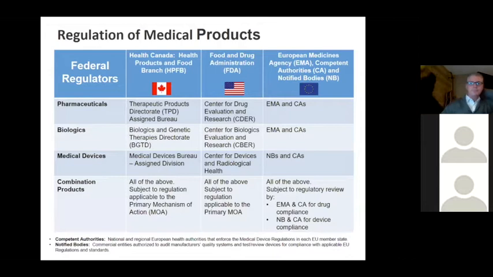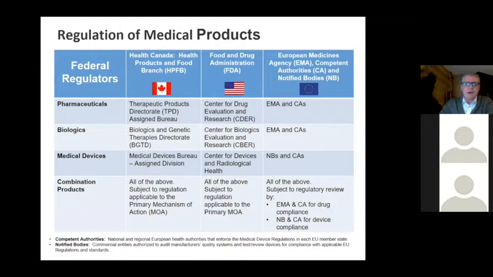So, in the regulation of medical products, there are multiple federal regulators across the world. In Canada, the US, and Europe, they are respectively Health Canada, the Food and Drug Administration, and in Europe, there's actually a network of the European Medicines Agency, competent authorities, which are essentially the European health authorities, much like individual FDAs within the individual European countries, as well as notified bodies.